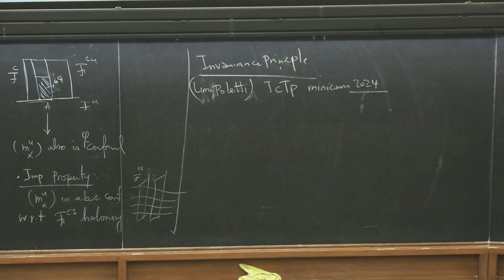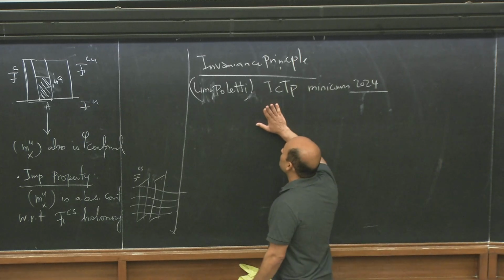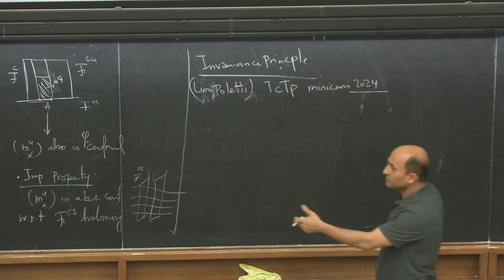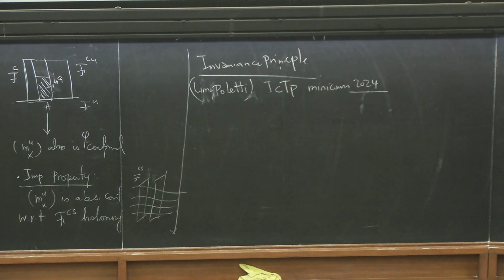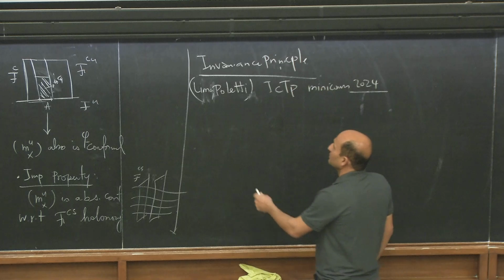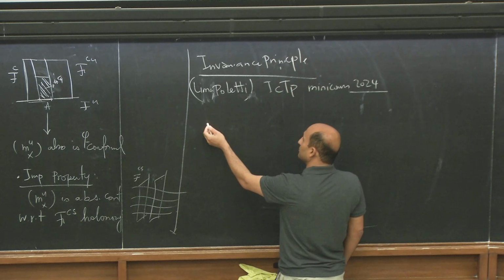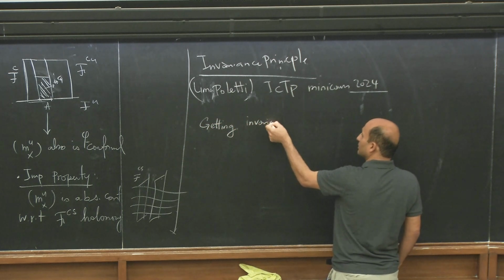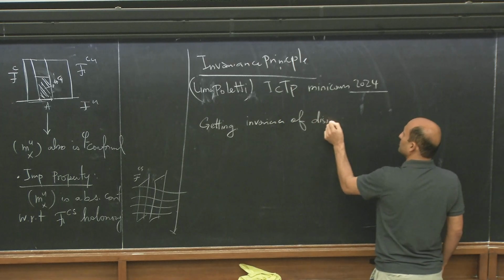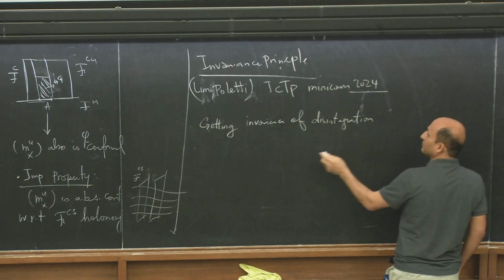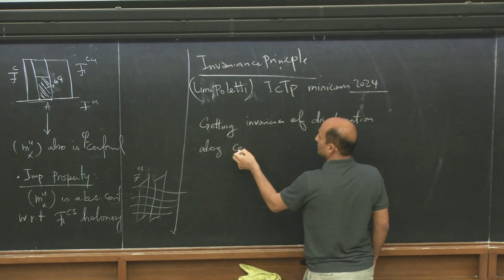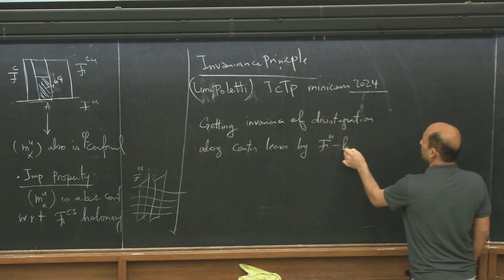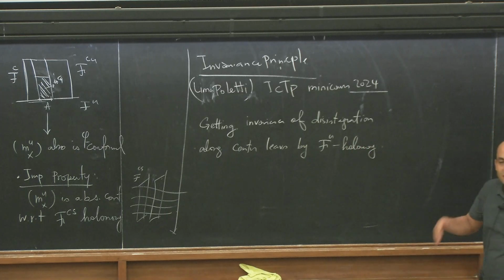Well, but I should say something here for you in 15 minutes. So what is the invariance principle? The invariance principle is very related to the talk of Aaron in the first talk. The philosophy is getting invariance of these disintegrations along center leaves by unstable or stable holonomy, or any other in the abstract setting.